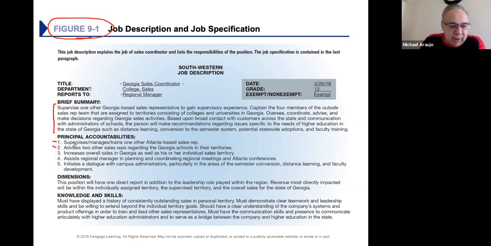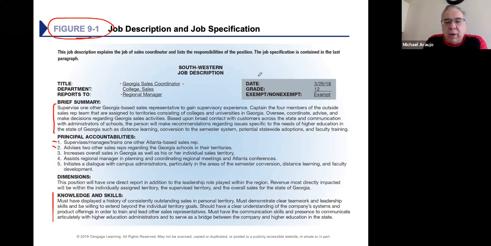This should be the second biggest part, right? And then as the list goes on, these are things you could be doing, but you're not going to be doing them as frequently as the ones at the top of the list. That's really going to be very, very important. And then what you have is job specifications, the type of knowledge, previous experience, education, other types of things that are necessary in order to do this job well.